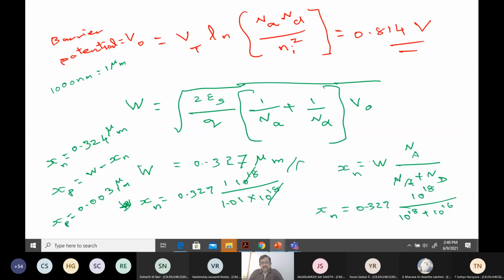So whatever you get here, you will get 327 nanometers, and this will be 3 nanometers. So out of 327 nanometers, you got 324 plus 3 nanometers. This is the N side, this is the P side.